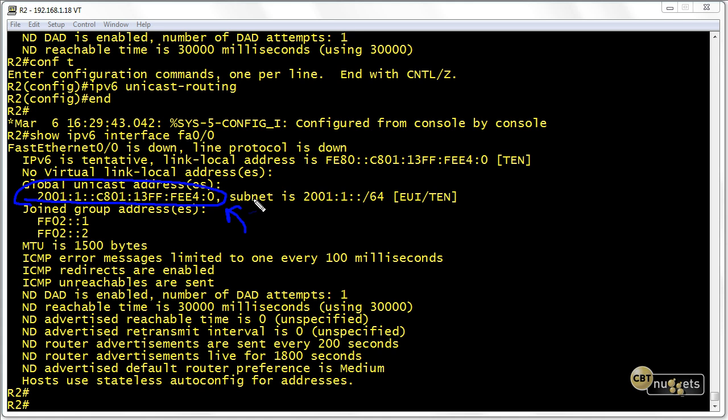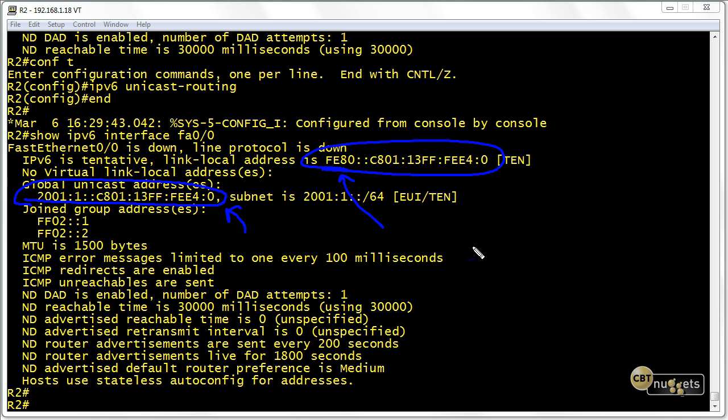But what about a link local address? Yes, there was indeed a link local address that was automatically configured on the interface. Notice you can easily tell a link local address because that address will start FE80. FE80 is reserved for the link local addresses.